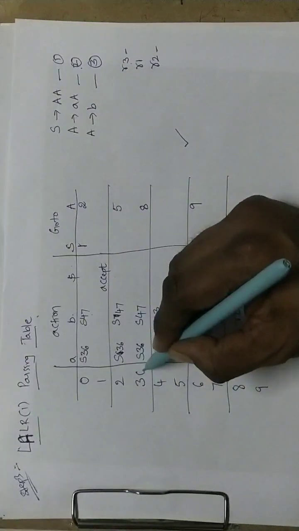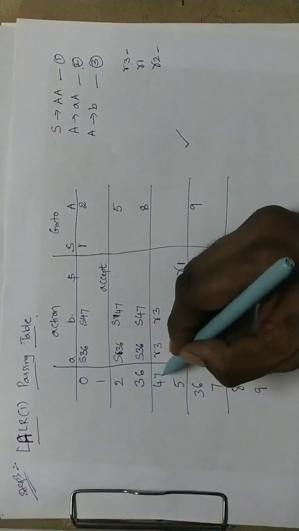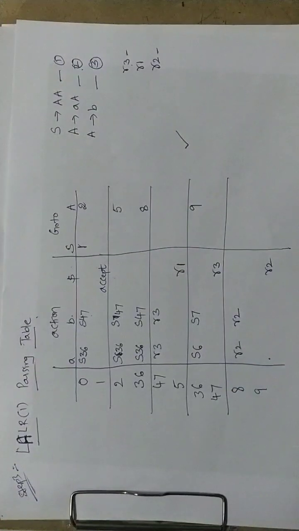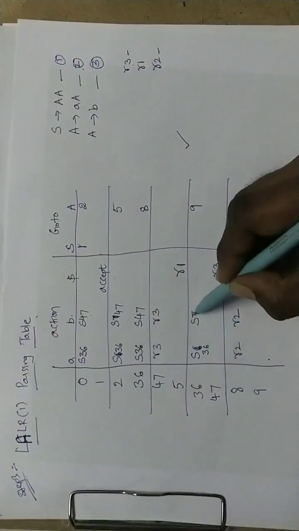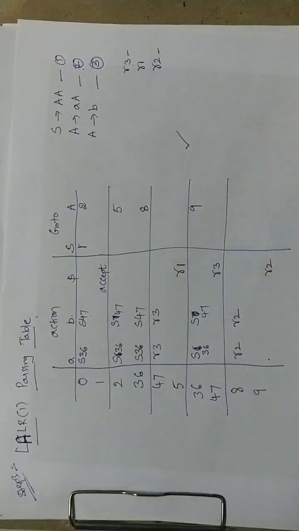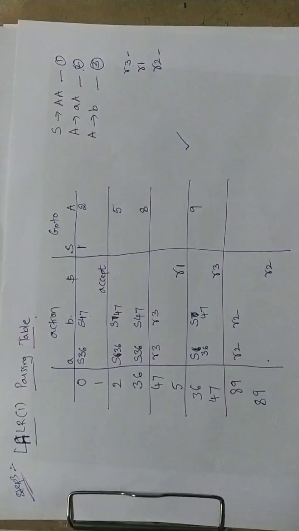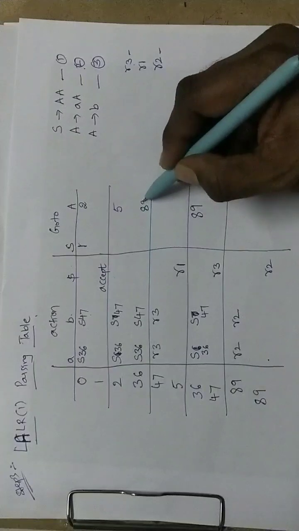Here also this becomes 36. This is 36, 47, 47. What else is remaining? Here also 36, 47. This is 89, 89. Here also 89, 89.